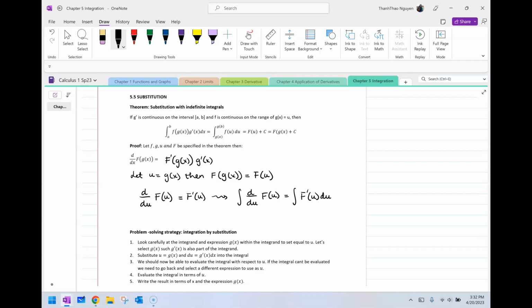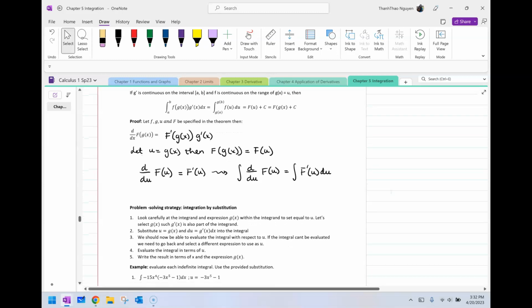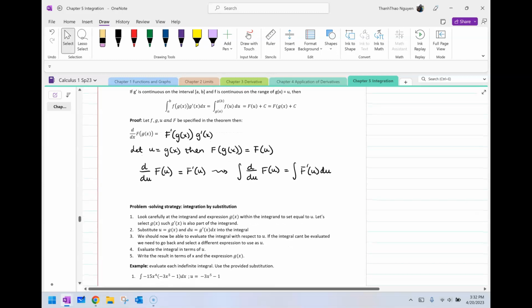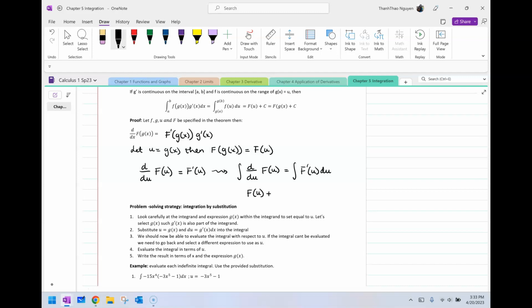Now, the integral of d/du F of u by the fundamental theorem of calculus is equal to F of u, or just by the integration is equal to F of u plus c, equal to the integral of f prime of u du, and it's equal to the integral of f of u du.